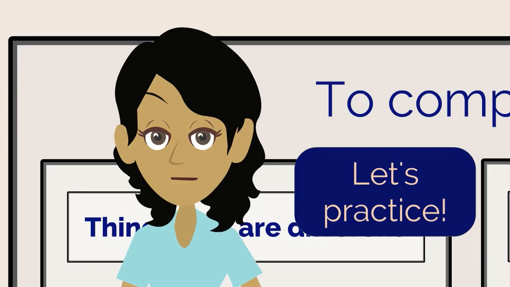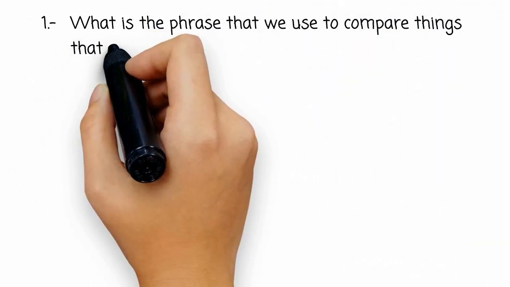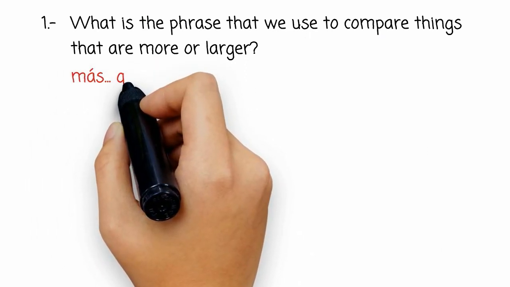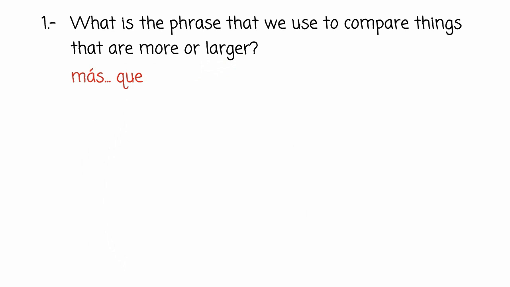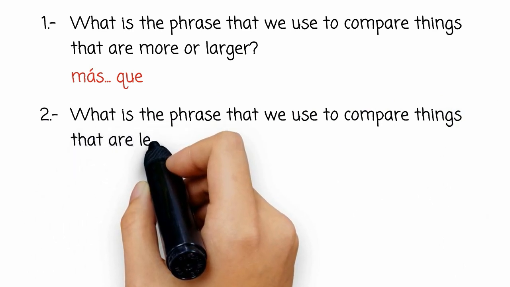Let's practice. 1. What is the phrase that we use to compare things that are more or larger? Más que. 2. What is the phrase that we use to compare things that are less or smaller?